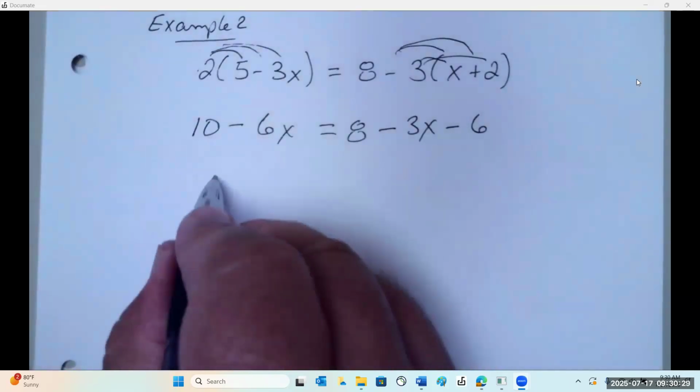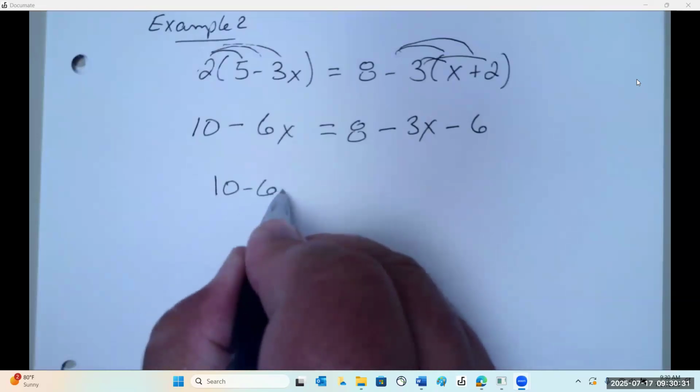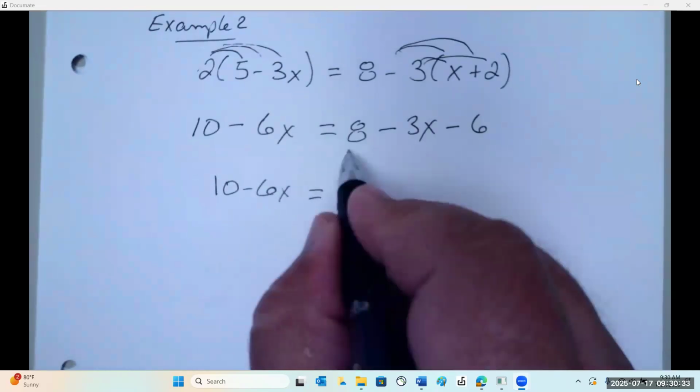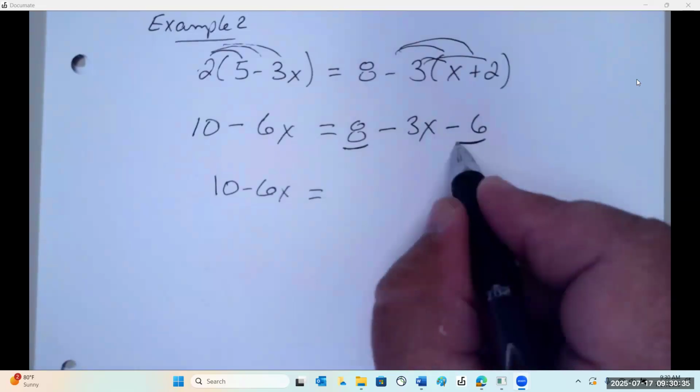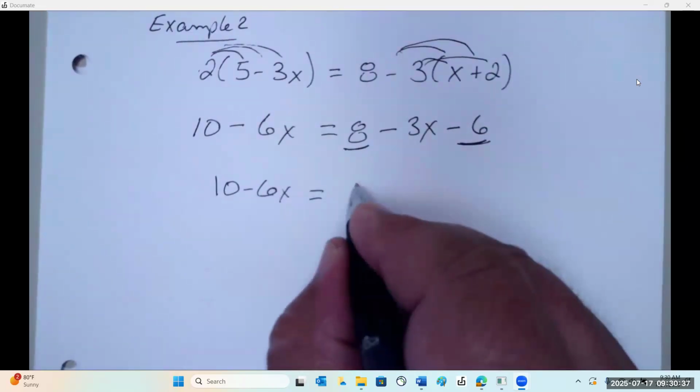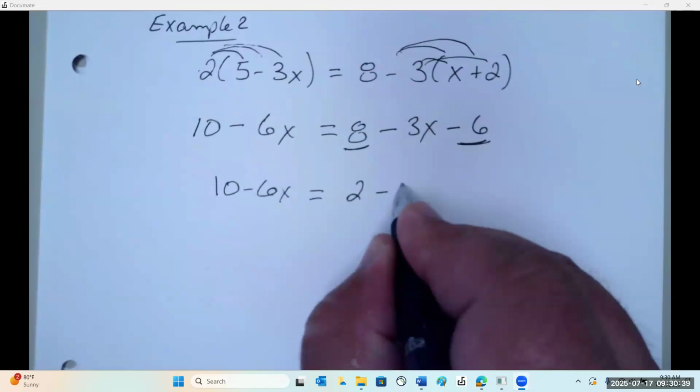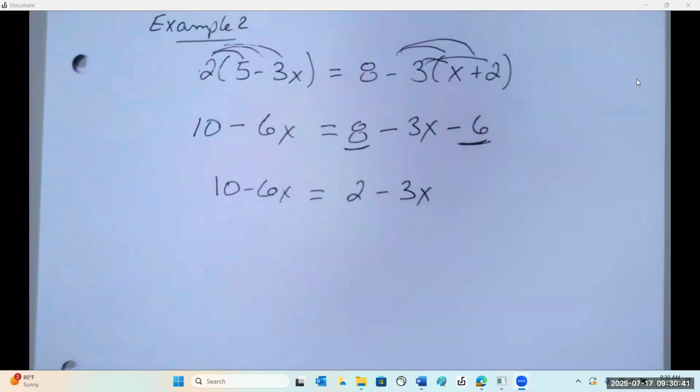Nothing on this side. Here we have 8 minus 6. 8 minus 6 is 2. Minus 3x. We're solving for x. So what do we do now?